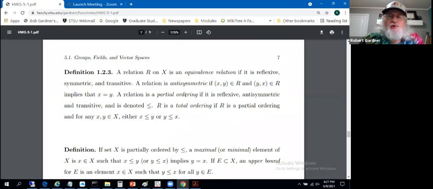So in a partial ordering, we may have x's and y's that aren't comparable. We may have neither of these occurring in a partial ordering, but in a total ordering, any pair of elements of set X are comparable in the sense that one or the other of these holds.